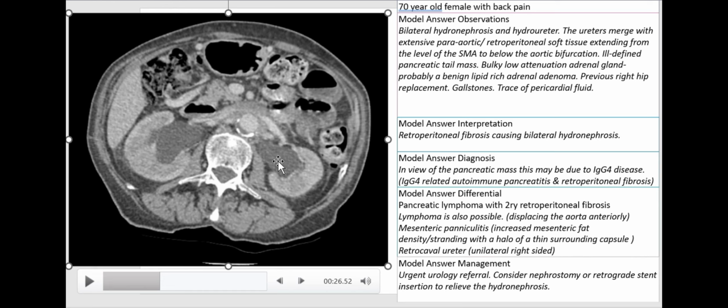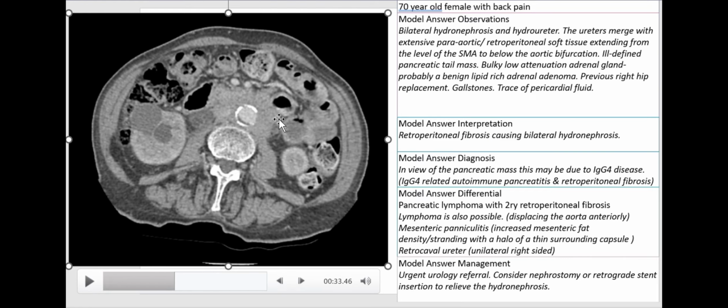Okay, then he may later on need bilateral retrograde ureteric stent insertion.